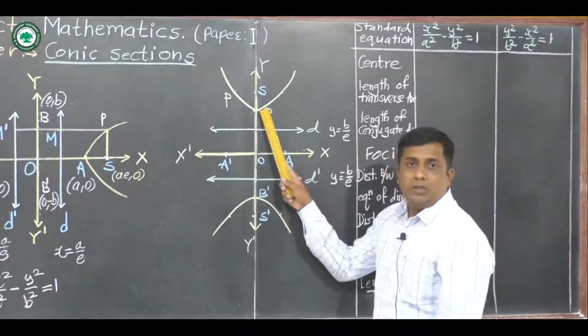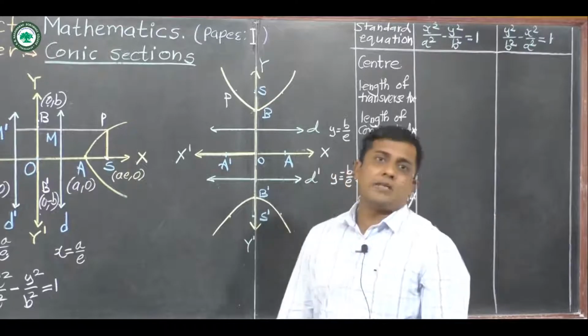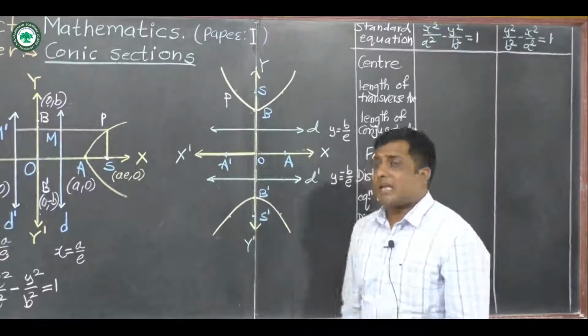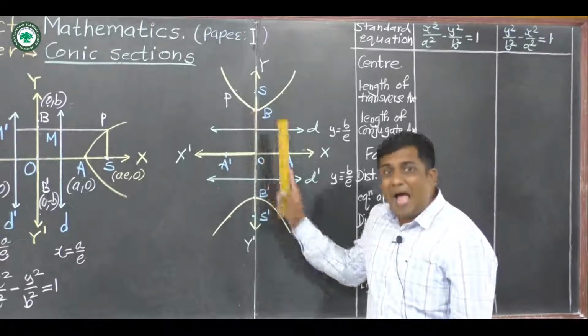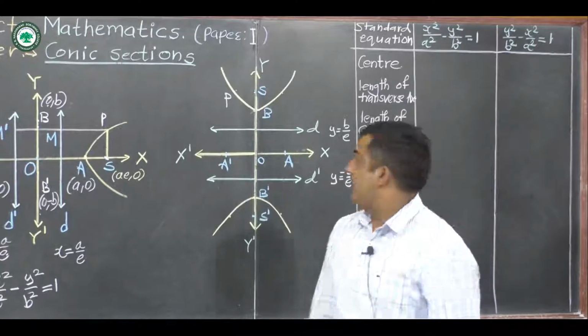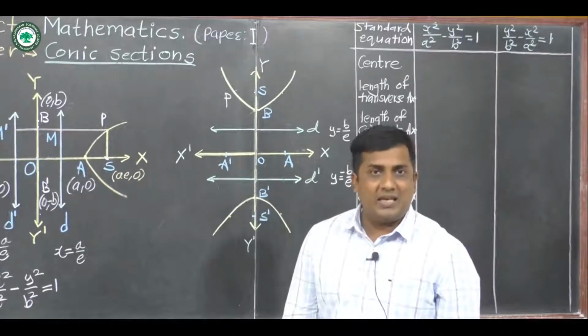In the other figure, the curve touches the y-axis and does not intersect the x-axis. If the curve intersects the y-axis, the y-axis is called the transverse axis and the x-axis is called the conjugate axis.